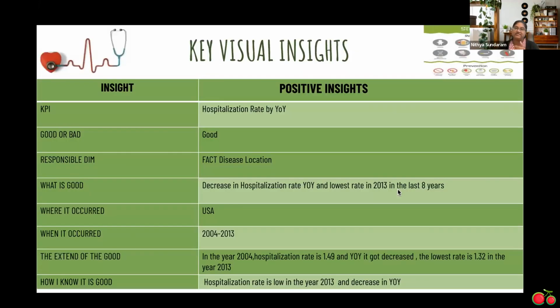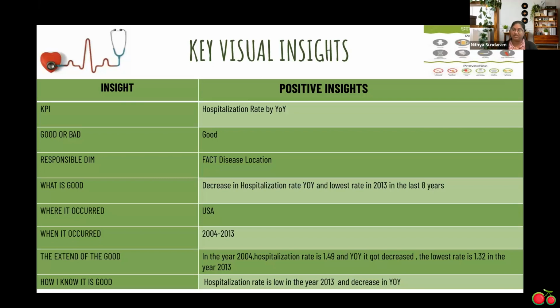From the analysis, one of the positive insights is that the hospitalization rate year over year decreased. You can clearly visualize here that in the year 2004, the hospitalization rate is 1.49 and year over year it decreased, and the lowest rate is 1.32 in the year 2013.